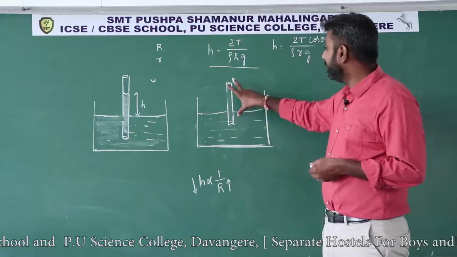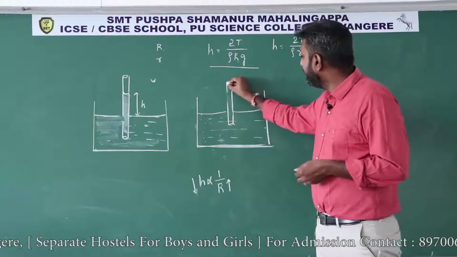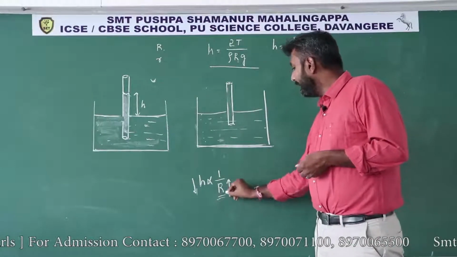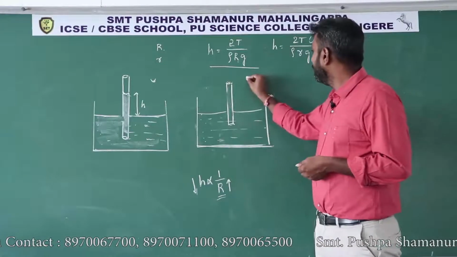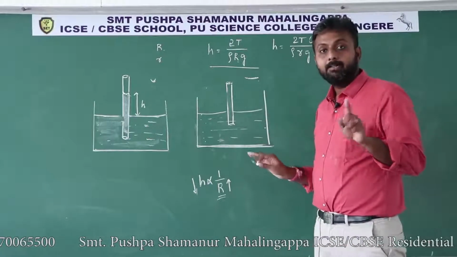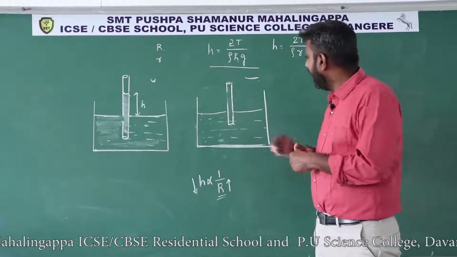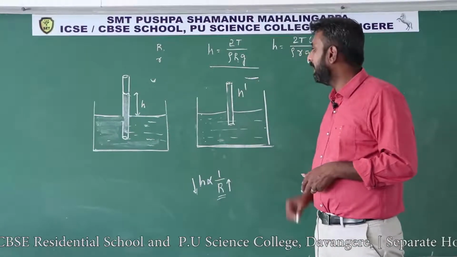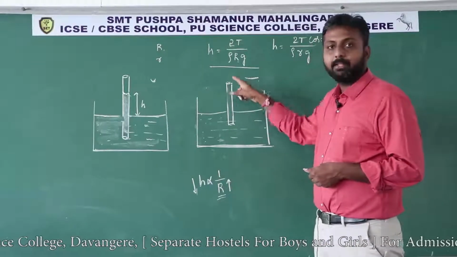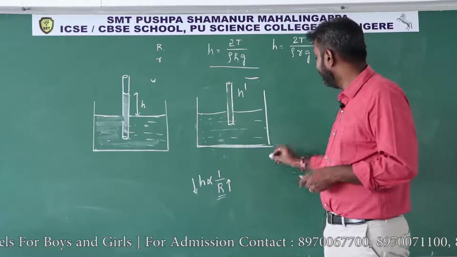Suppose the height of the capillary tube is less, then at the top surface the radius of curvature increases. So the surface becomes flatter, but the liquid does not overflow from the capillary tube. According to the height, let us take this height as H dash, the radius of curvature of the curved surface changes, but the liquid does not overflow.